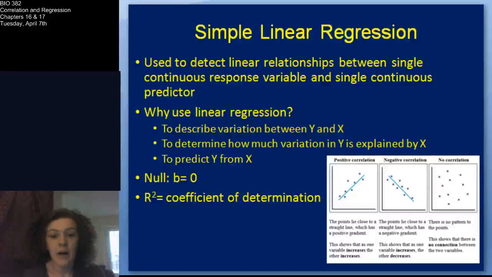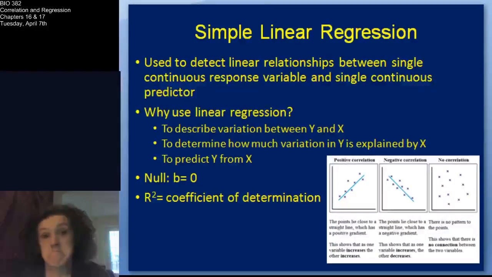So why might you use a linear regression? Well, you have a few different aims. If you are interested in predicting a value in your response y from your predictor x, you could potentially use a linear regression. If you get a significant regression model, then you could feasibly predict y from x, with some caveats, which we'll talk about in a minute.